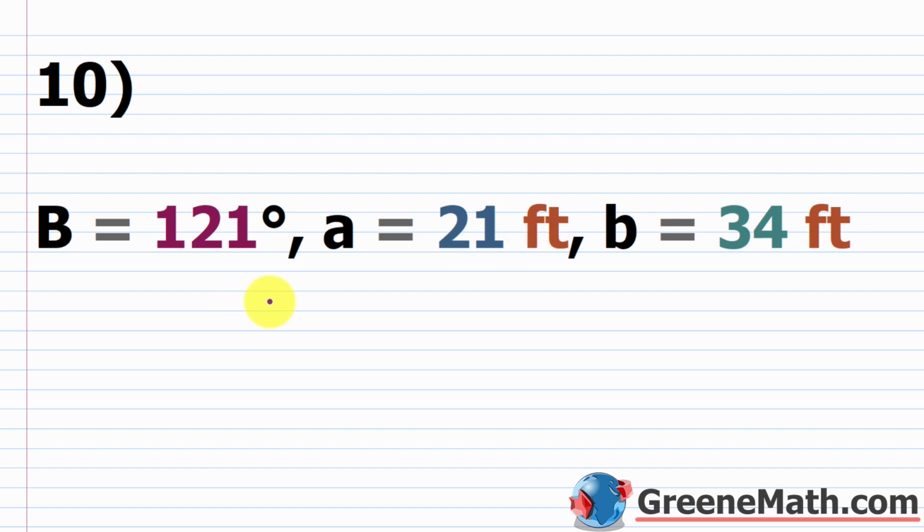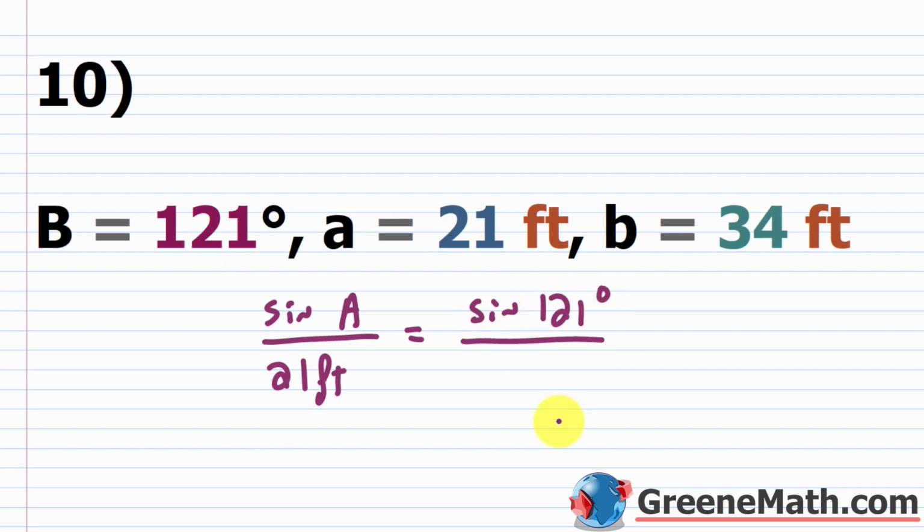So I'm going to immediately go into figuring out what is the measure of angle A, and then I can figure out the measure of angle C. And then I can also get the length of that side C that's unknown. So let's say that the sine of A over my little a, which again, the length here is 21 feet, would be equal to the sine of my angle B, that's 121 degrees, over the length of my side B, that's going to be 34 feet.